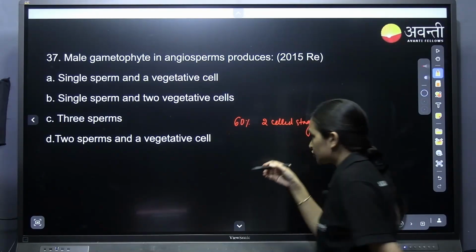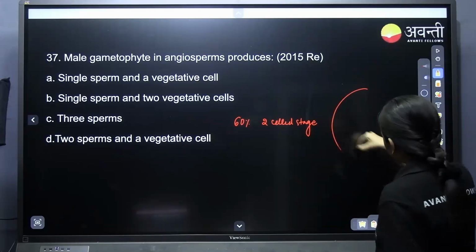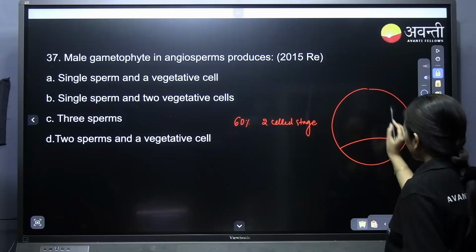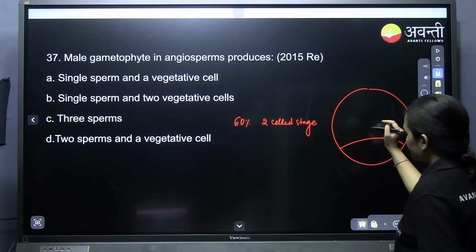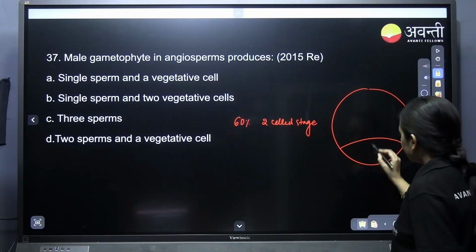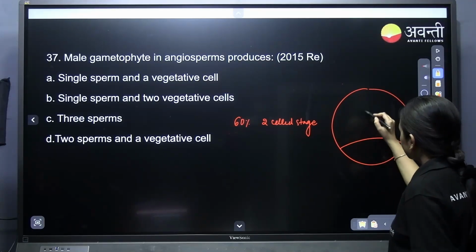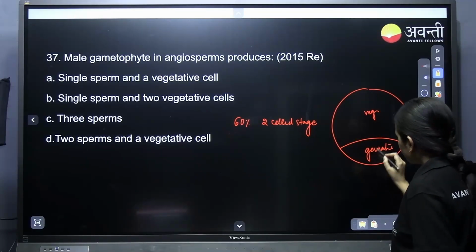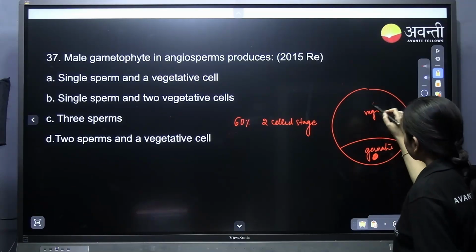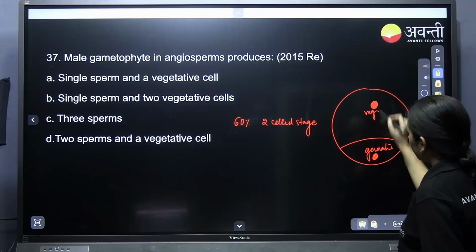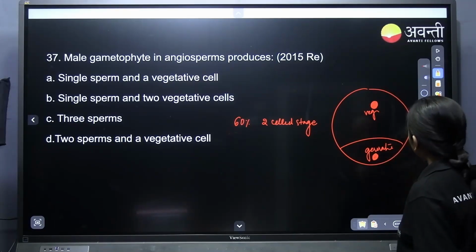What is that 2-celled stage? If this is a pollen grain, one is the vegetative cell and another one is the generative cell. Okay, this generative cell and the vegetative cell, only 2.